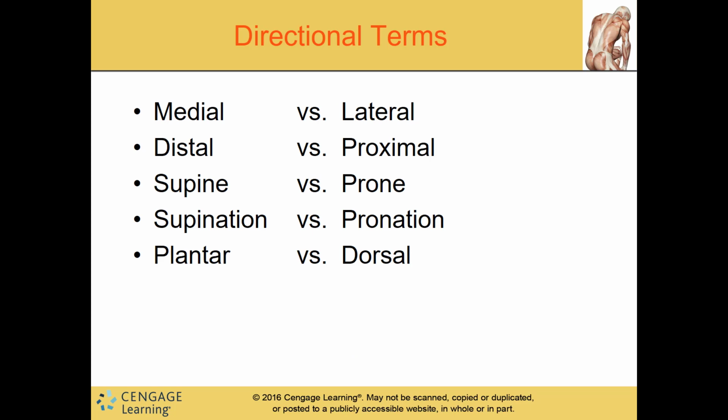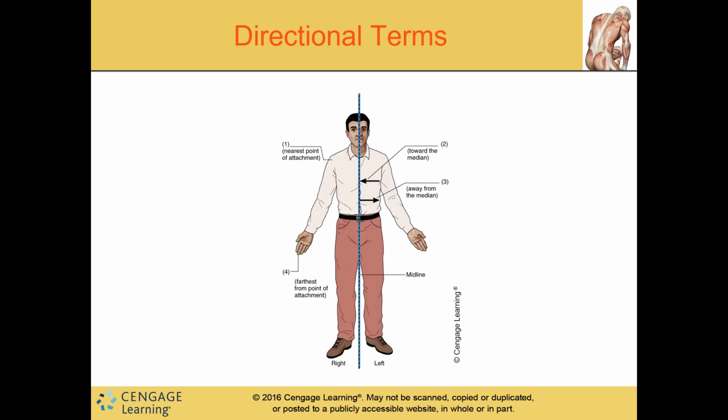All right, we're going to continue and hopefully wrap this up with our directional terms. So remember, moving towards the midline is what? Medial. Moving towards the side is lateral. The nearest point of attachment, that's going to be proximal. Think of if something's approximately close to you, you're in approximation, it's close.